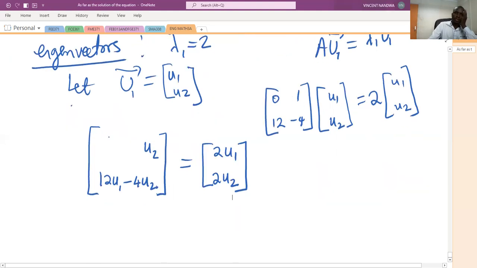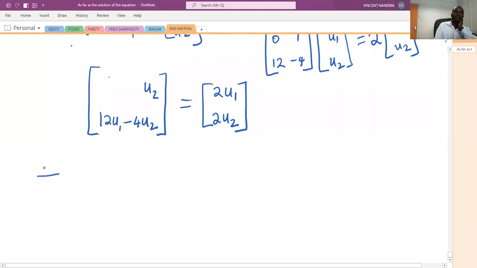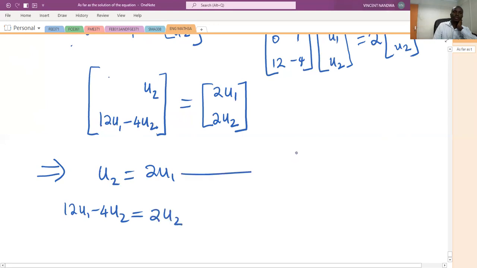For this equality to make sense, we expect u2 to be 2 u1 and 12 u1 minus 4 u2 to be 2 u2. Call this one equation 1, call this one equation 2.